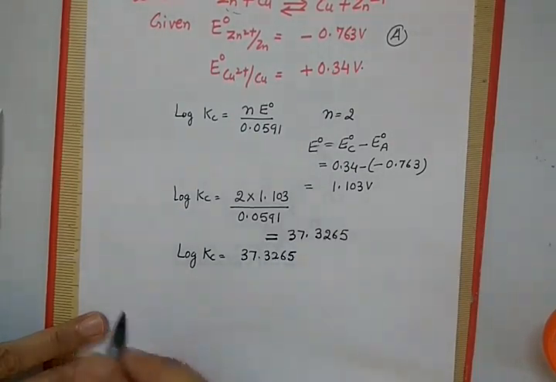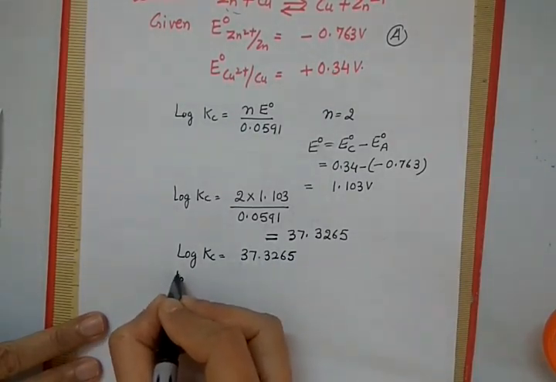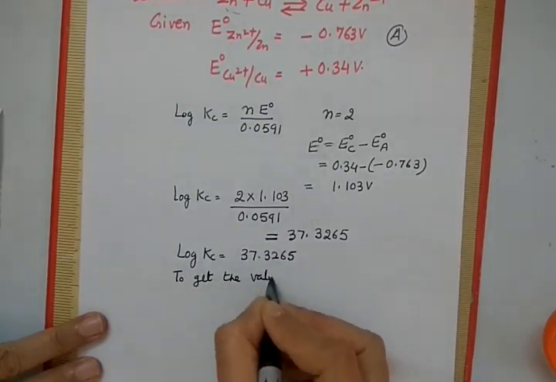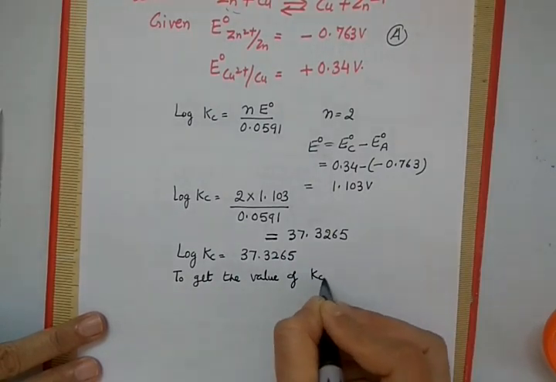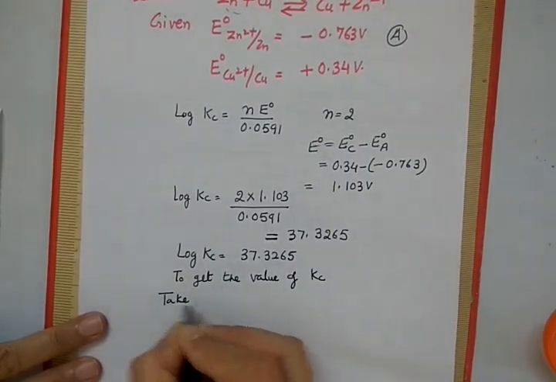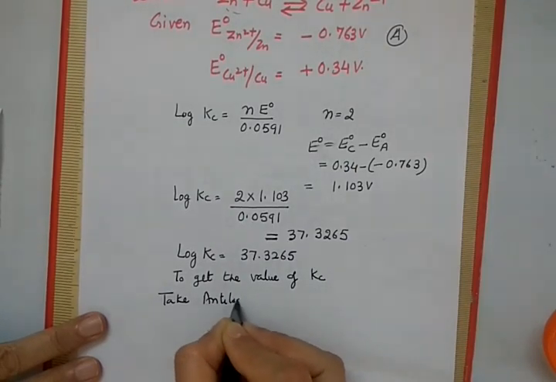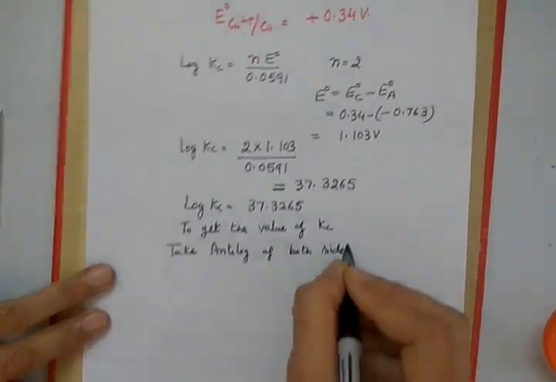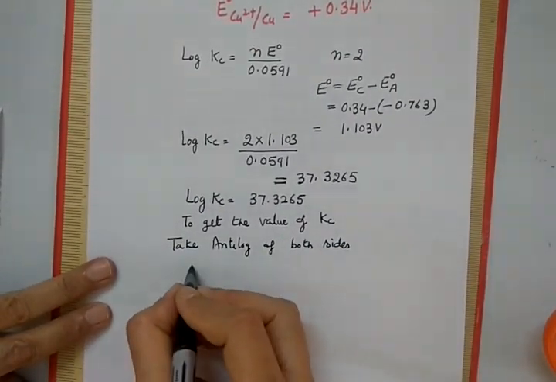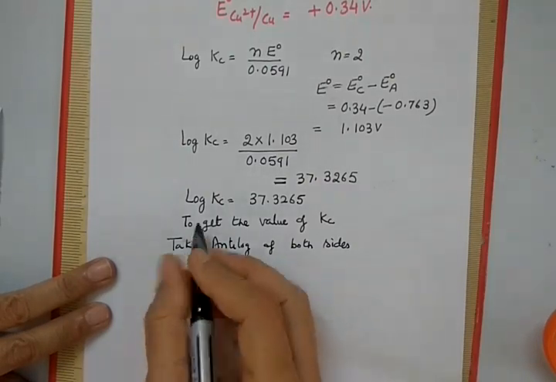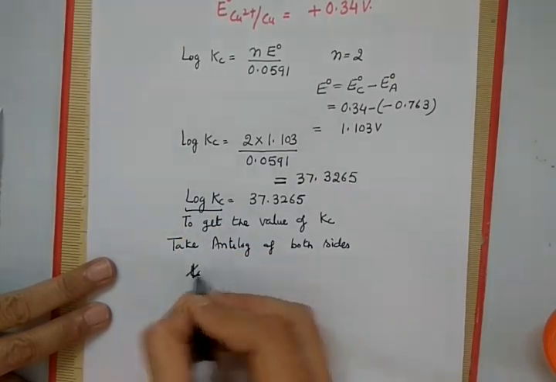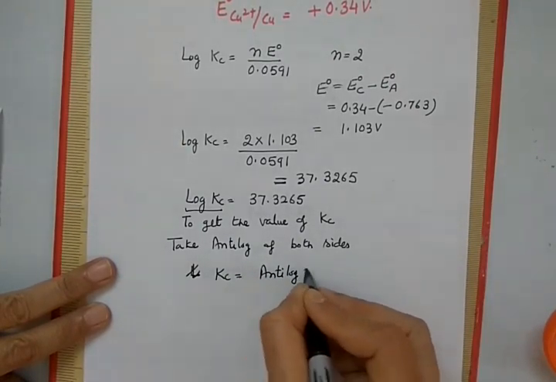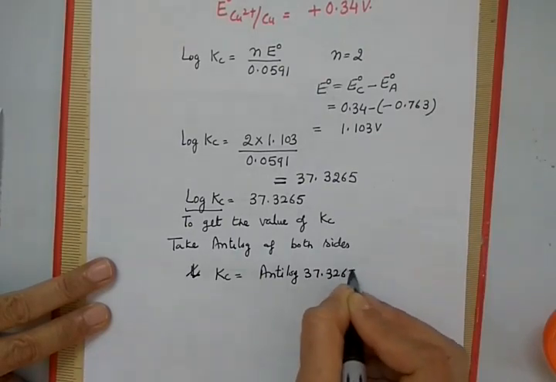Now the question is how to find Kc. What we do to get the value of Kc, take antilog of both sides. So when we take antilog of this, log and antilog cancel, and we get Kc is equal to antilog of 37.3265.